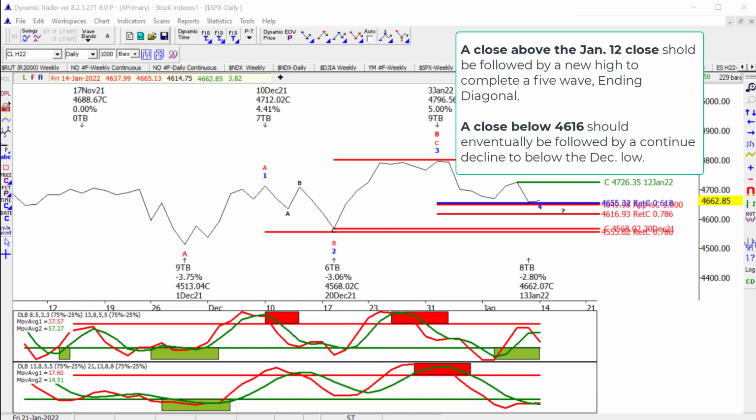The ramifications and aftermath of that would be very bearish. If by chance the S&P continued lower next week and made a close below 46.16, more than likely it's that alternative A, B, C irregular correction of some sort. Probably continue to a new low below December, but it would not be anywhere near as dramatic a bear trend. So that's what we're looking at in the days ahead.